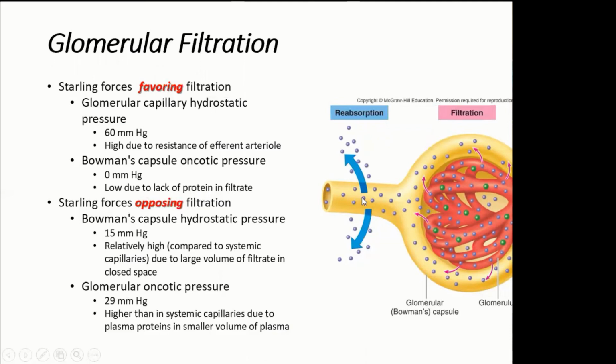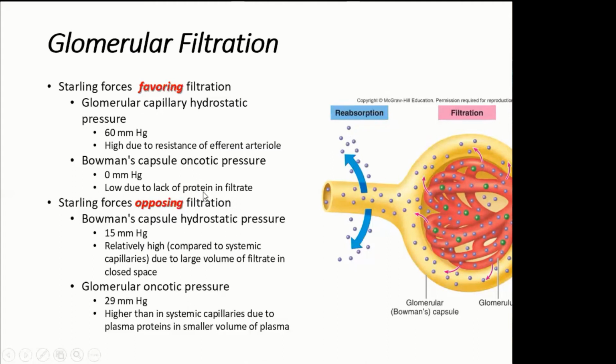So here we're actually looking at the solutes dissolved here. This goes through the forces favoring filtration and opposing filtration again. So we have our glomerular capillary hydrostatic pressure. The hydrostatic pressure is pretty high because we have a relatively high blood pressure in these capillaries.